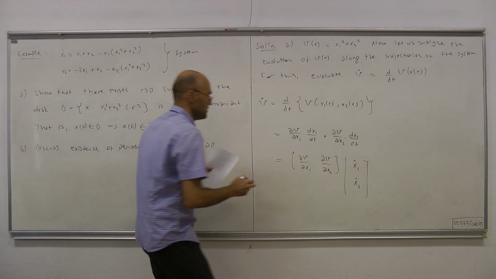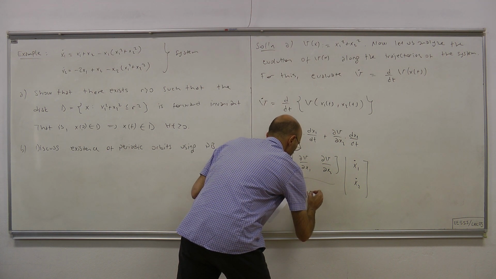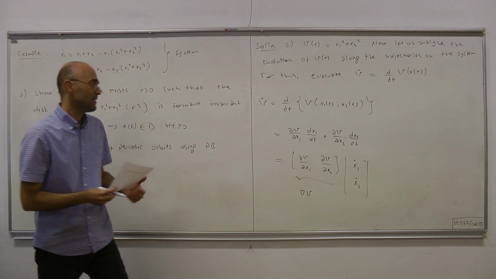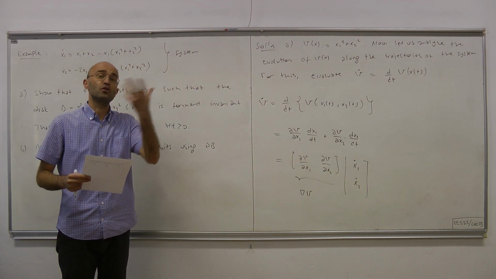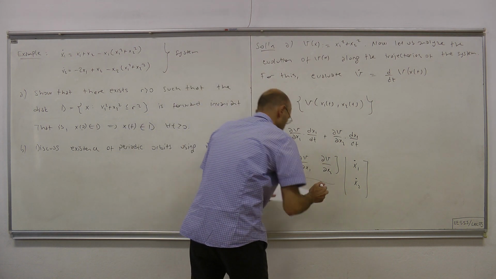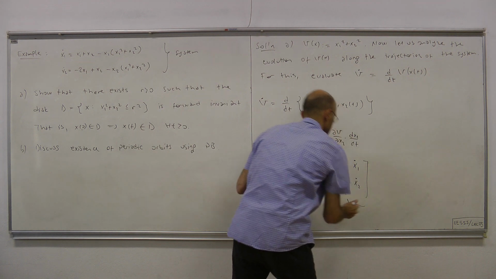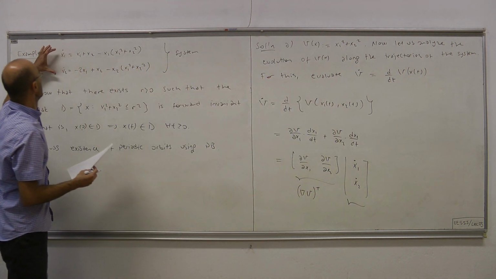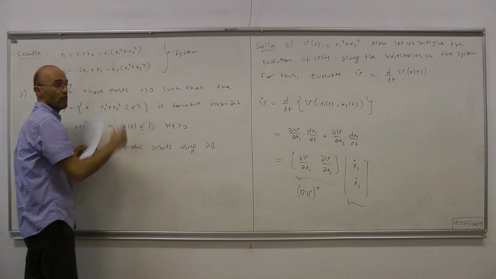This is no other than the gradient of V transpose, because according to our notation or convention, the gradient is always a column vector. So gradient transpose, and this is x1 dot, x2 dot. It's no other than the right hand side, so that's our f of x.